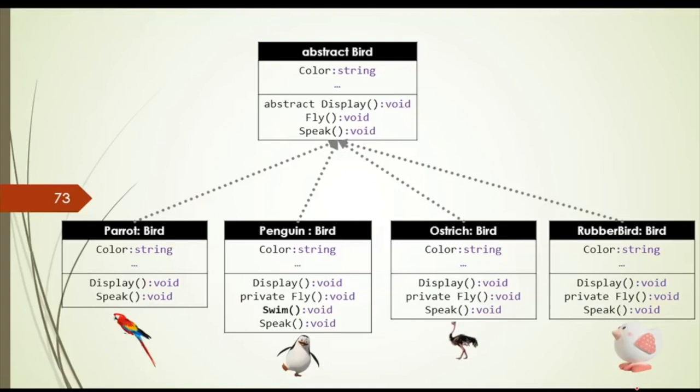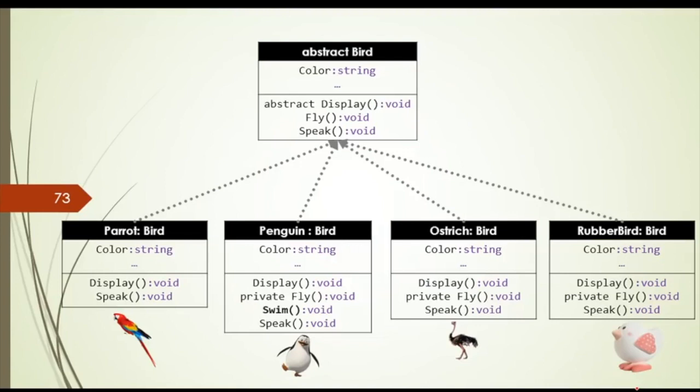So assume that here we're talking about bird, but in a business application you are going to have different kinds of objects. Birds have some similarities, but in a business application you have very few similarities. So what is going to happen is you end up writing every function again and again.